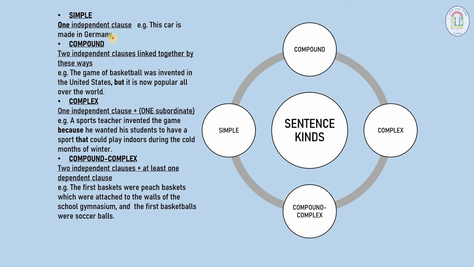These forms of conjunctions link the independent clauses in the compound sentence, and there are normally 7 main coordinating conjunctions, and we call them fanboys: for, and, nor, but, or, yet, and so.